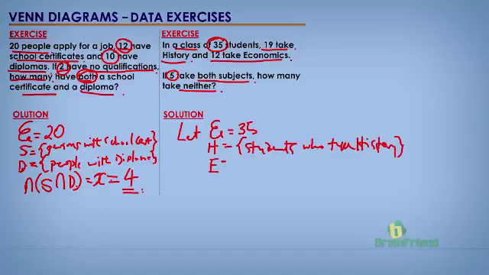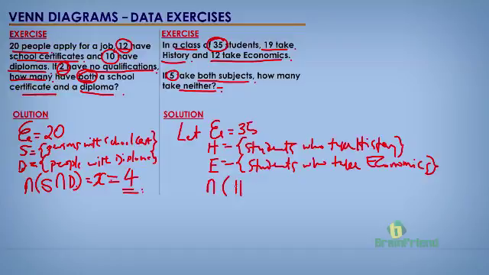Let E be the set of students who take economics. It is required for us to find how many students take neither. That is the intersection of H union E prime. That is the complement of H union E.